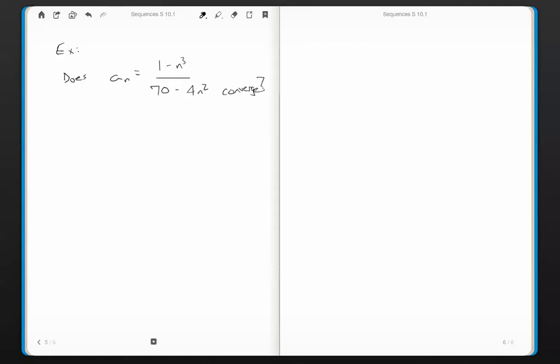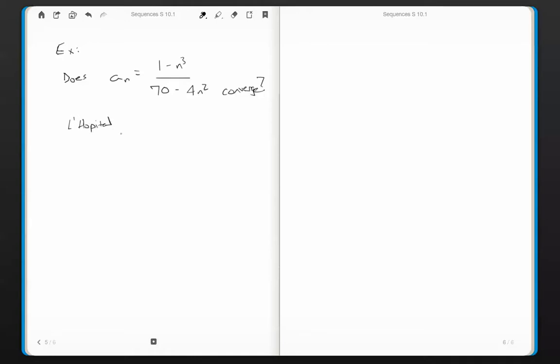Well, a couple of different ways we could do this. We could plug infinity into this thing, and we could say this is going to grow faster than this, since infinity cubed is greater than infinity squared. So our guess is that it's not going to converge, but let's try to be a little bit formal about that. This becomes infinity over infinity, so that implies that we could use L'Hopital here.